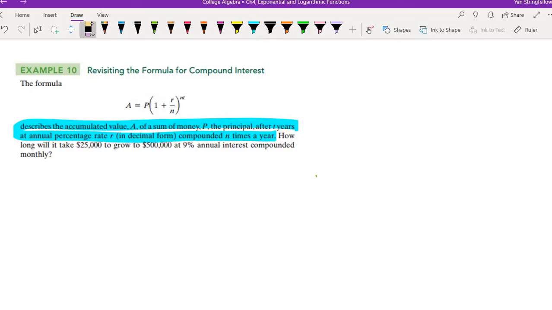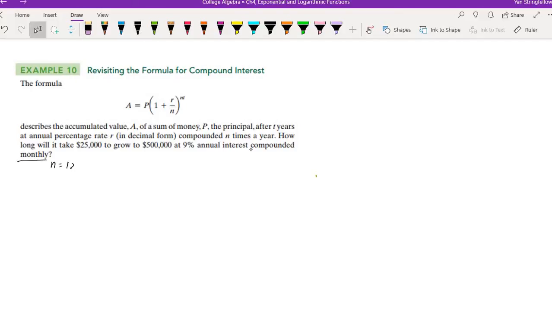If you remember, you can skip that part. Basically, they ask how long it will take $25,000 to grow to $500,000 at 9% annual interest, compounded monthly. Compounded monthly, so right away you should know n is equal to 12. A is the amount in the end, and P is the initial investment.